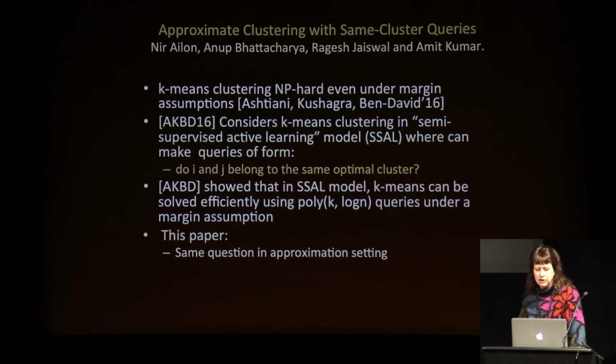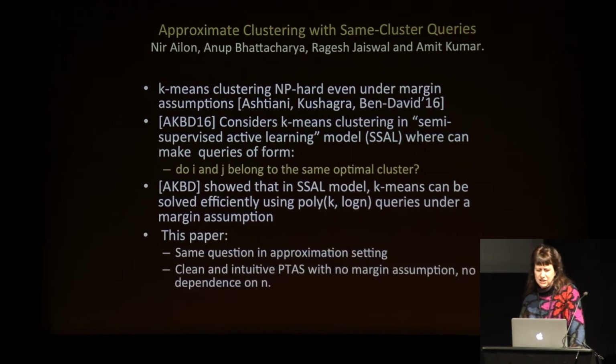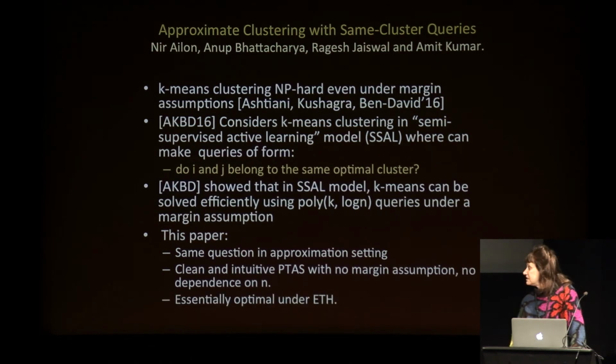The new paper considers the same question in an approximation setting, and using some very clean and intuitive ideas, develops a PTAS without any margin assumption, and the number of queries has no dependence on n, the size of the data set. They prove that this is essentially optimal under the exponential time hypothesis.